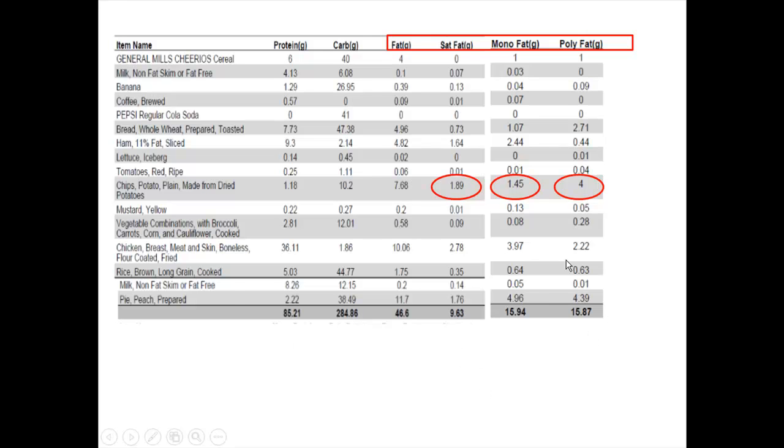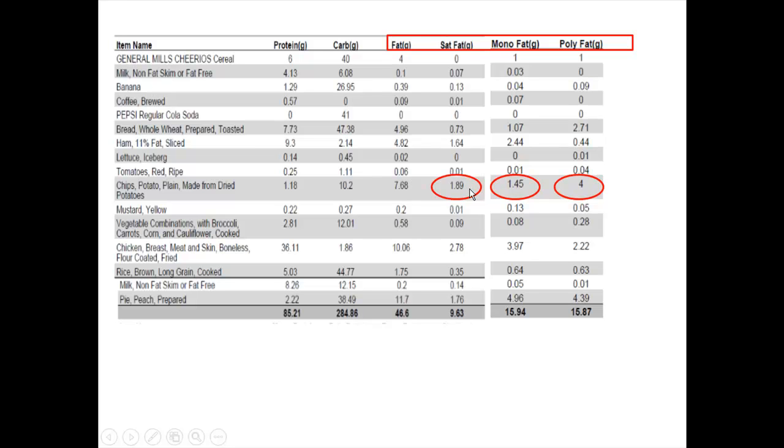So you're just going to make adjustments by choosing foods that you're going to increase or decrease to get up to 20 grams. Now, don't be surprised. Again, we need to take each of these fats individually. So we're going to basically act like we don't see these. We're going to work on saturated, and we're going to make adjustments to do that. But what you'll notice is that potato chips are high in saturated, mono, and poly.